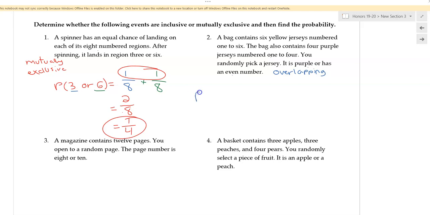So the probability of purple or even equals, well, the probability of purple is, there are 4 purple jerseys and 6 yellow jerseys, so that's 4 out of 10.